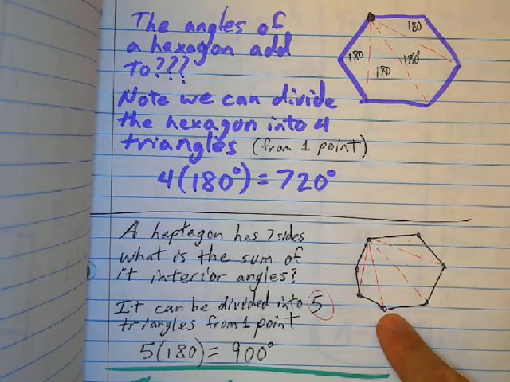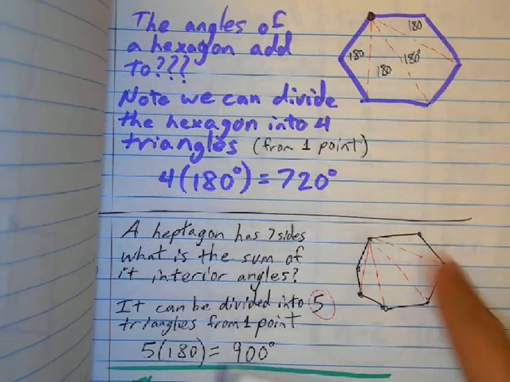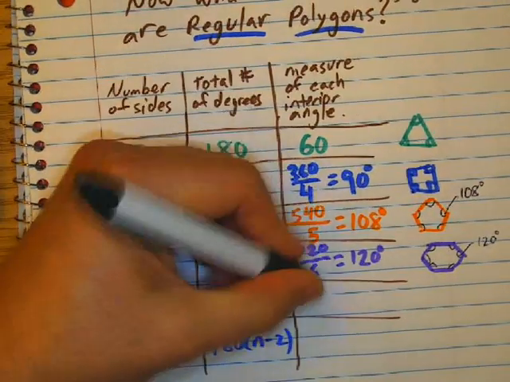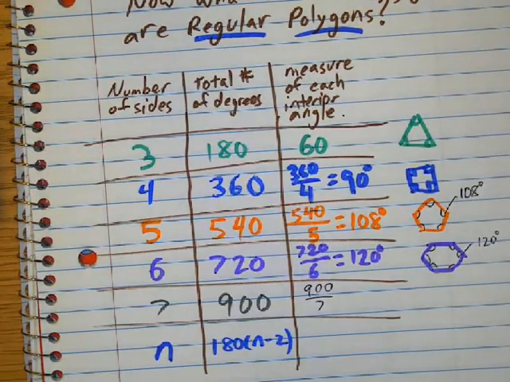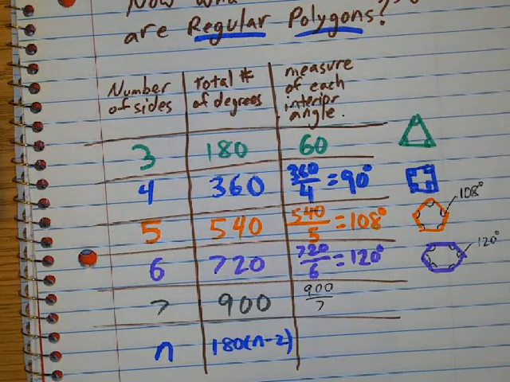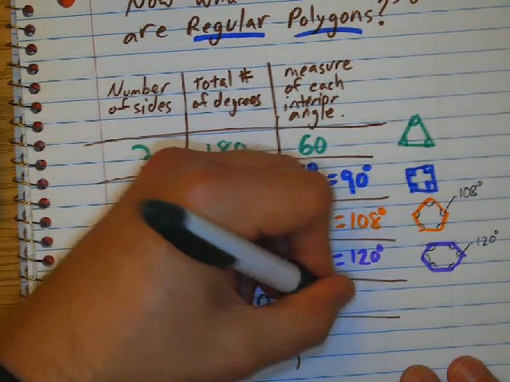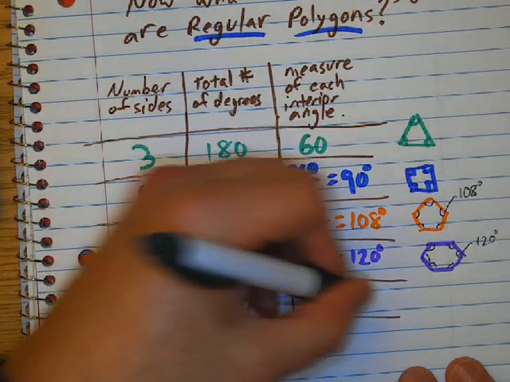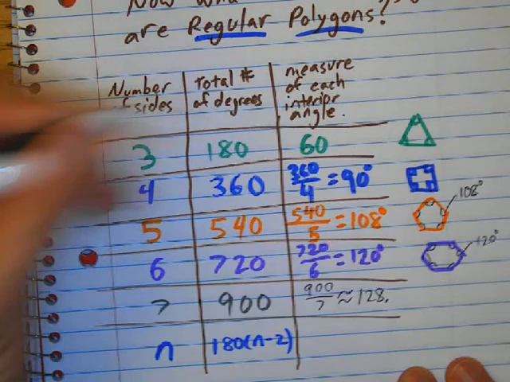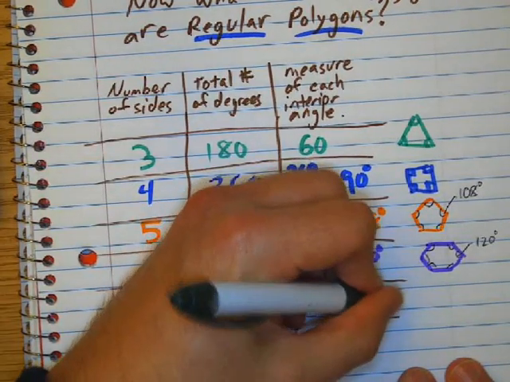So what is the measurement of a single angle? If this is a regular shape, I could do 900 divided by 7, and it's approximately 128.6 degrees.